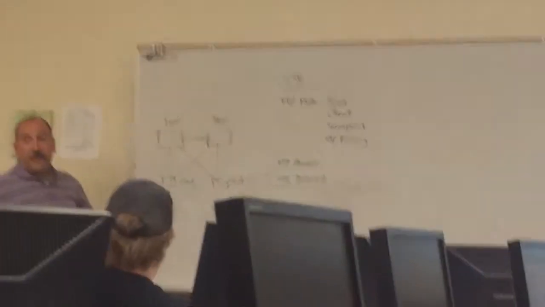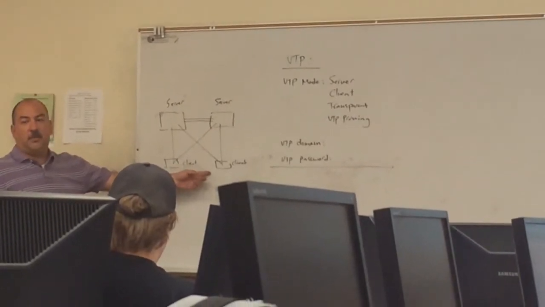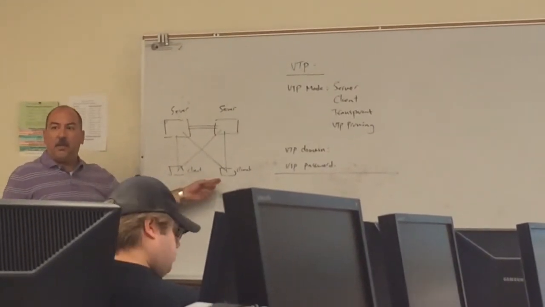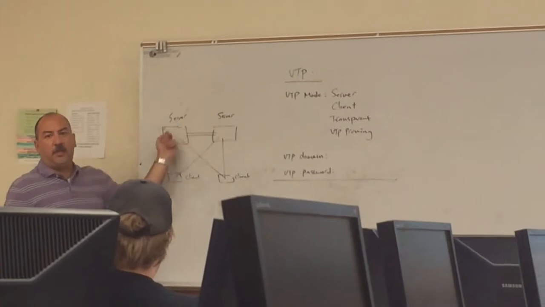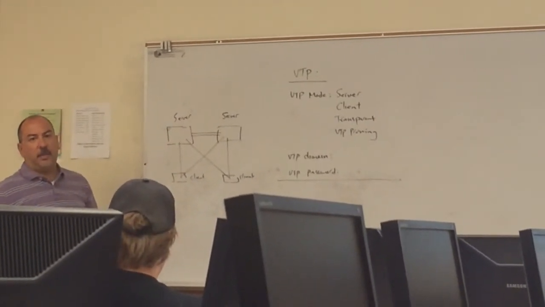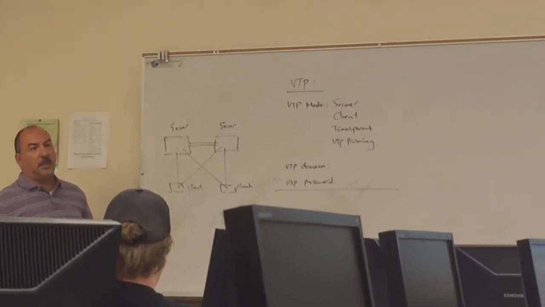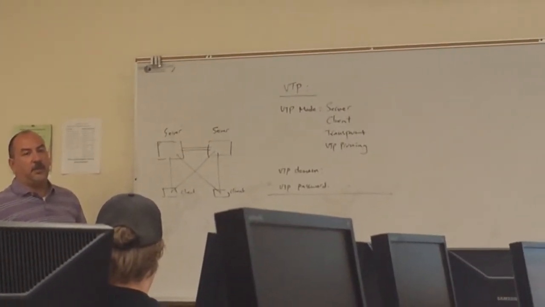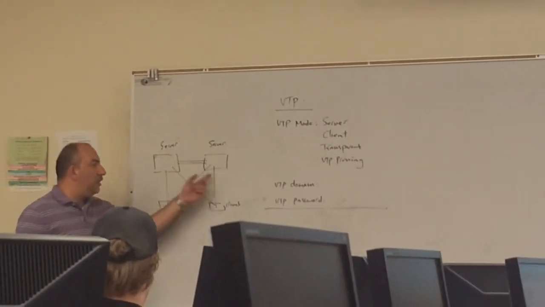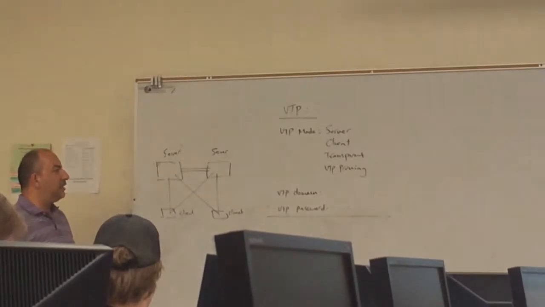Because with clients, I cannot remove or add VLANs. If I add a VLAN in here, it's not going to be part of the VTP domain, okay? But they'd still be active VLANs, right? Yeah, but it's not going to be part of that. So basically, this is the setup that we had last time.